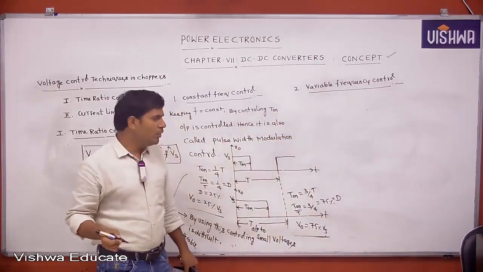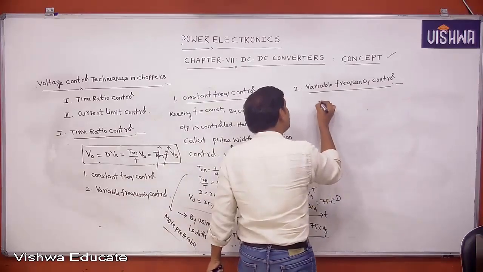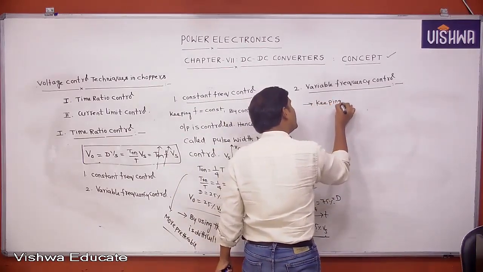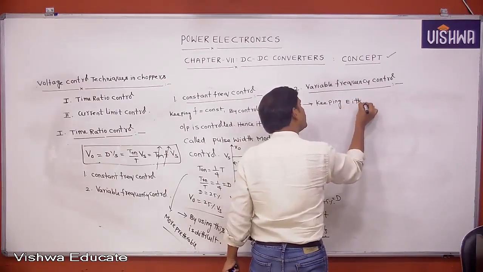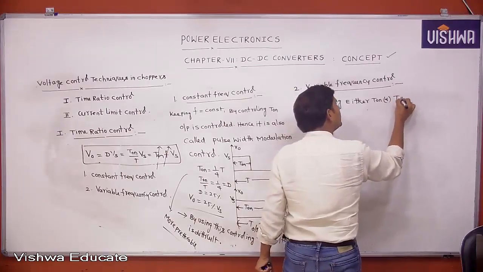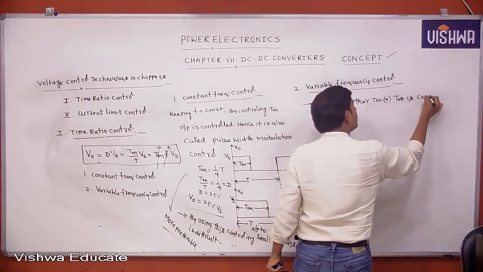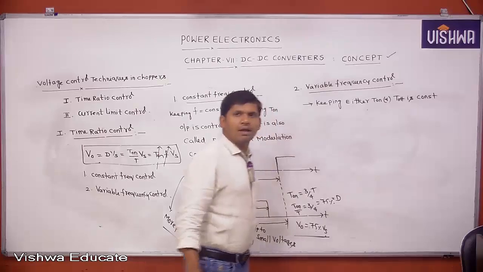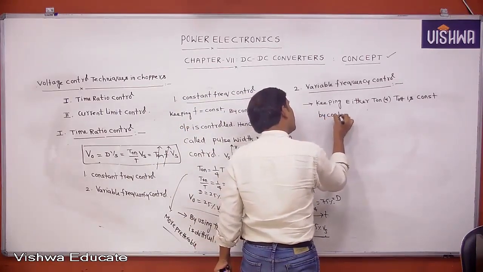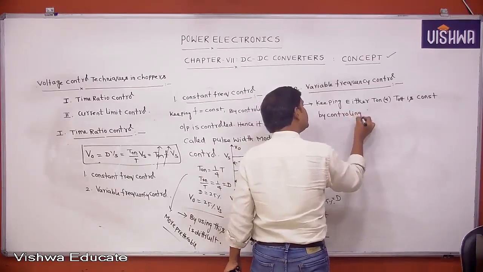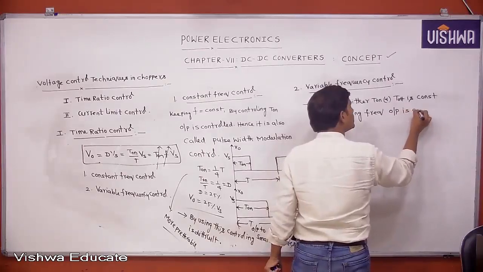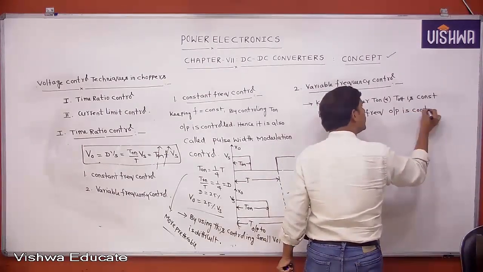Variable frequency control means keeping either T on or T off constant. By controlling frequency, output is controlled.